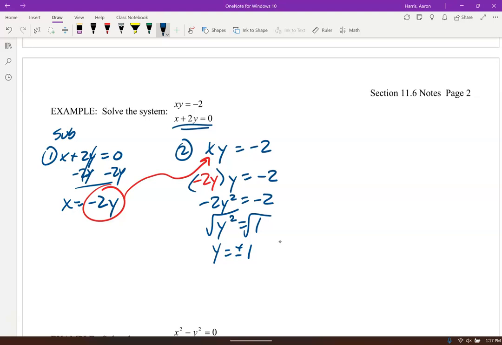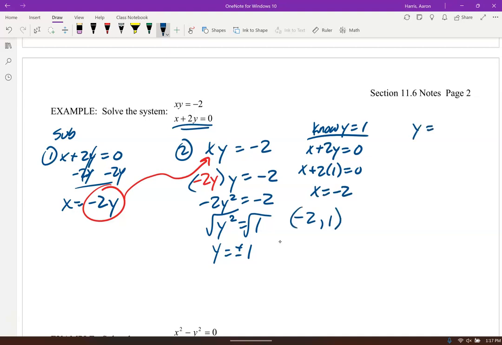Let's go ahead and do it for the scenario where y is 1, and then we can just plug it in. Subtract 2: negative 2 is x, y is 1. How about if y is negative 1 now?